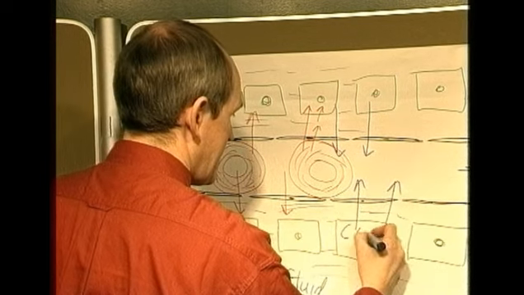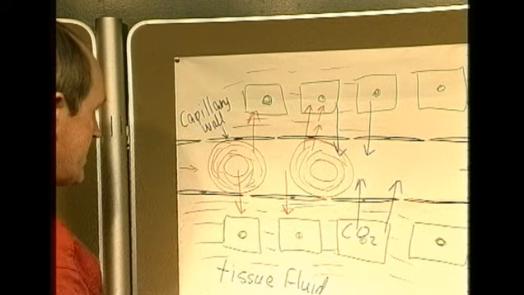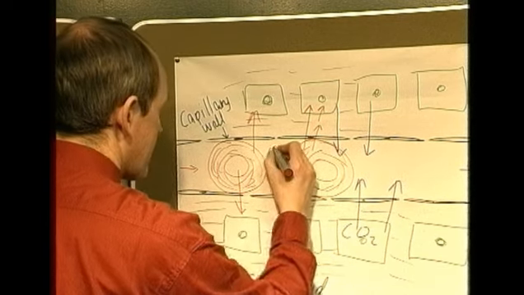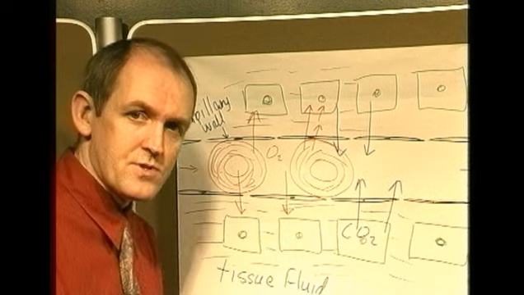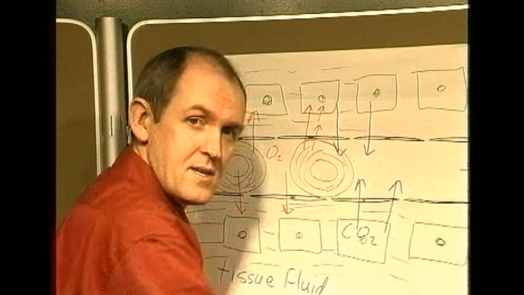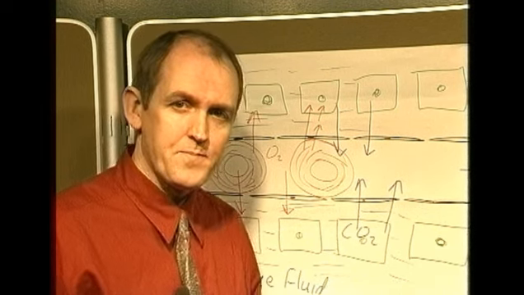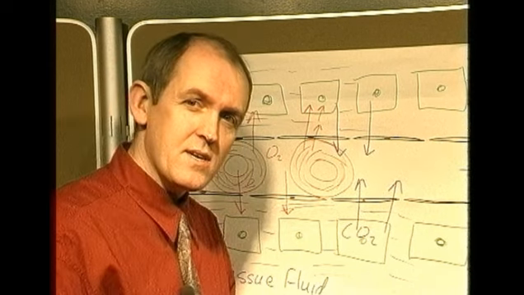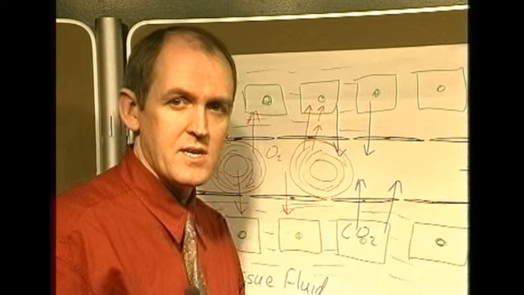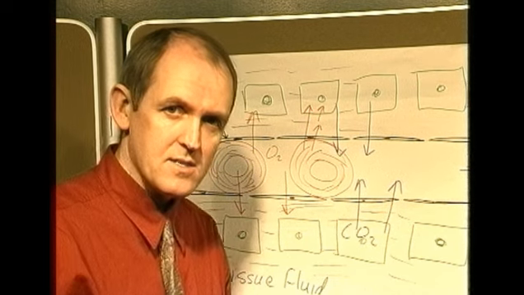So carbon dioxide moves from the tissues into the blood. Oxygen moves from the blood into the tissues. So as the blood goes through the capillary, it gives up its oxygen and it accumulates carbon dioxide. The blood arriving at the arterial end of the capillary is high in oxygen and relatively low in carbon dioxide.